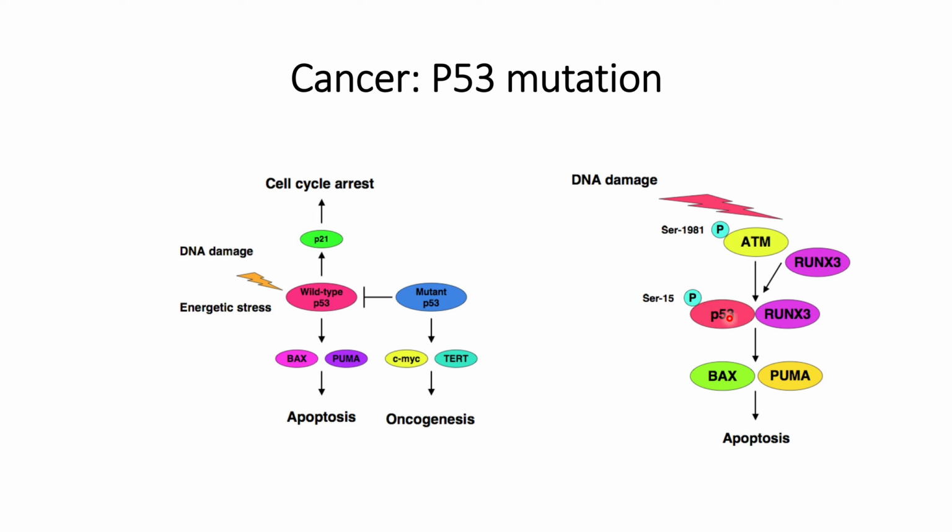phosphorylation of P53 at serine 15, counting from the N terminal, and this phosphorylation will promote the BAX and PUMA genes that lead to apoptosis.